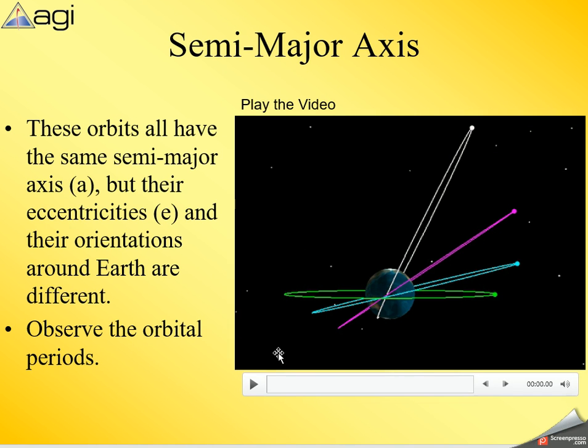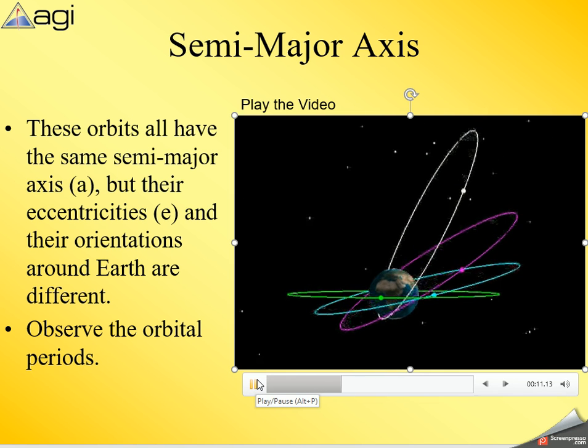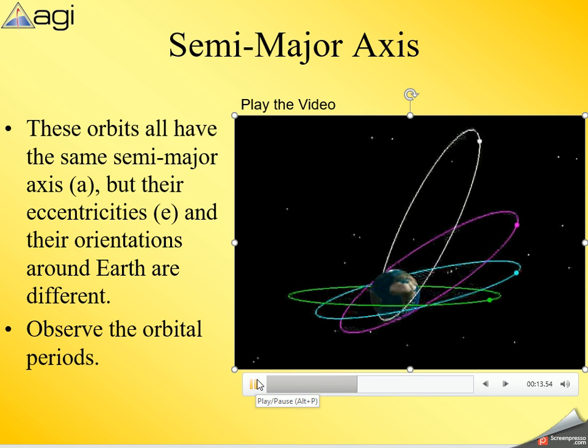These orbits all have the same semi-major axis, but their eccentricities and their orientations around Earth are different. So you can look at the different periods. All of them hit apogee at the same time, even though they're at different angles. They've all got the same time period of circling around the Earth.